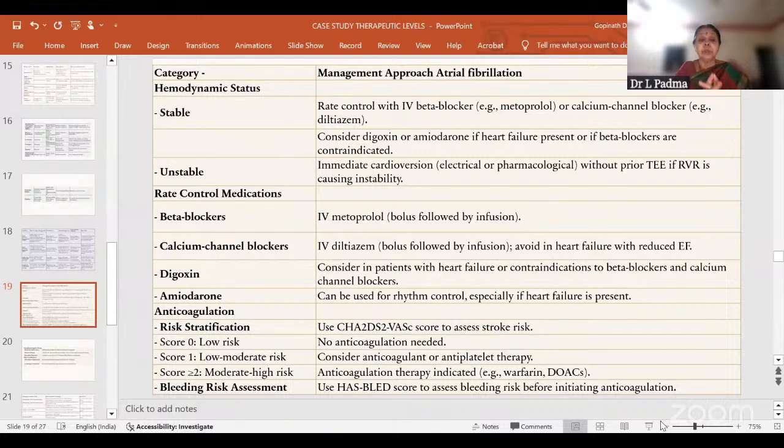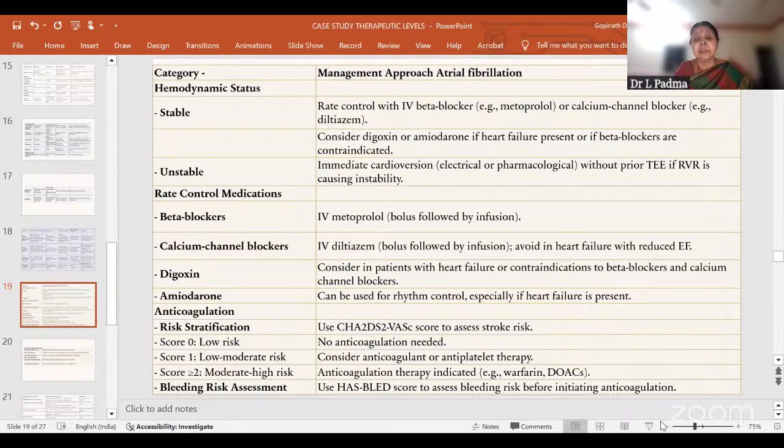Now these are done to maintain the hemodynamic status, whereas for rate control, the first drug of choice anywhere and everywhere is beta blockers, that is IV metoprolol. If not, then diltiazem, but we have to avoid it in heart failure and reduced ejection fraction.